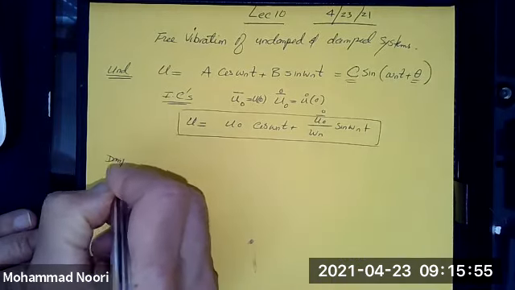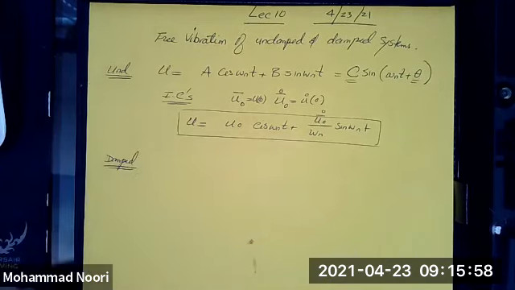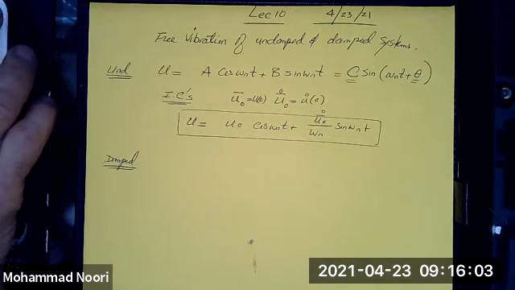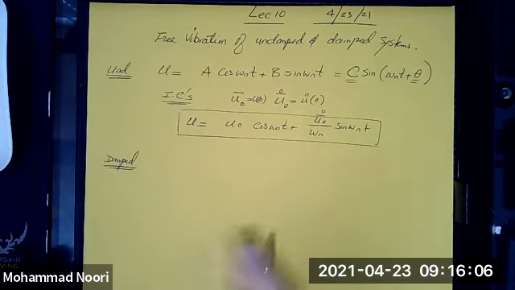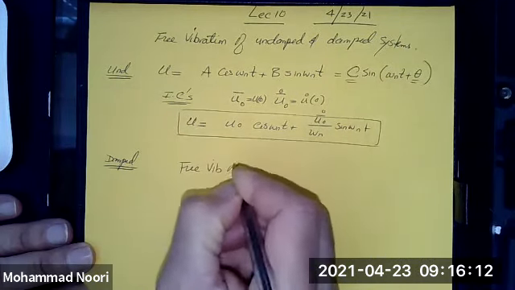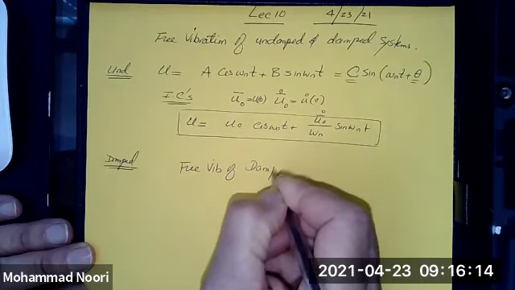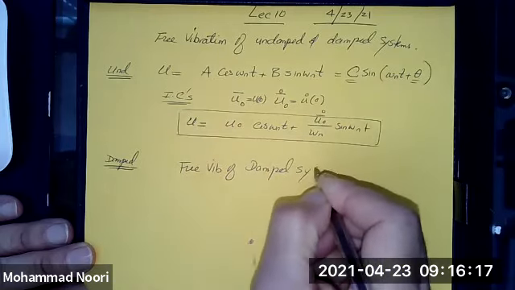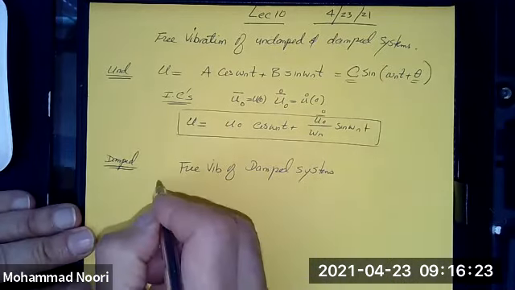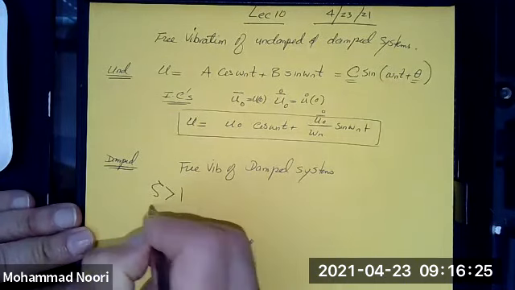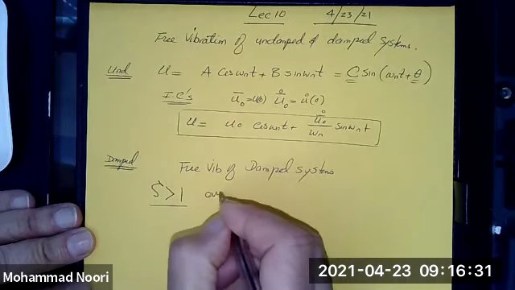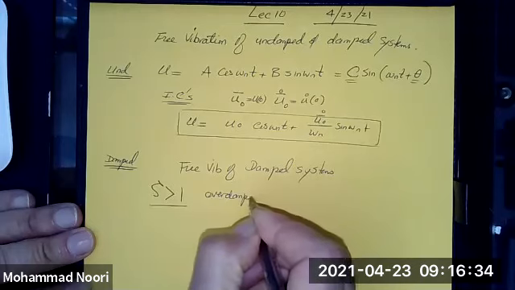And now, in the case of damped systems, I want to emphasize that, as I said last time, when we talk about the free vibration of damped systems, we are dealing with three possibilities. Damping ratio greater than 1, which we call an overdamped system, right?